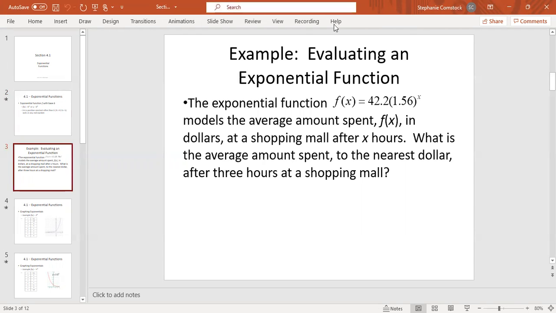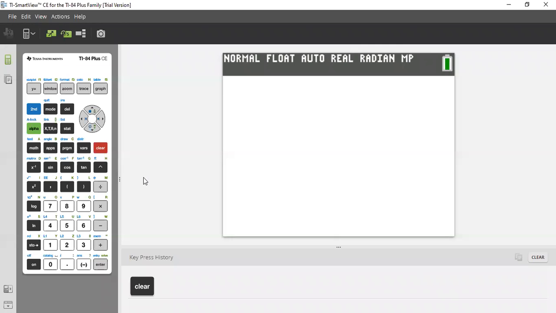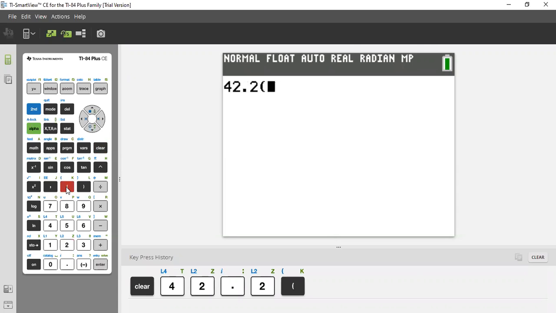Now, let me show you how to do this. If you're working with a TI-84 or an 83 type calculator, these are the steps that you would do. If you're working with a different calculator, we'll see some similar steps. If I'm doing this with a TI-84, I'm going to type it in exactly the way that I see it. So 42.2, I'm going to use my parentheses, and I'll do 1.56, close my parentheses.